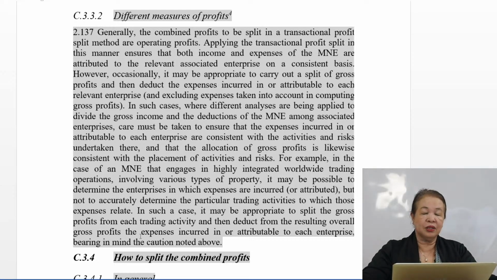Ito yung tinuturo natin sa comparability factors. Why? Kasi ito yung mga attributes, ito yung mga factors that will tell us ano ba talaga yung mga criteria that we are going to consider pag nag-compare na tayo. Kasi, di ba transfer pricing ito? So, anong ginagawa dito? Compare. Why? Because the arm's length principle compares the independent party transactions and the related party transactions.